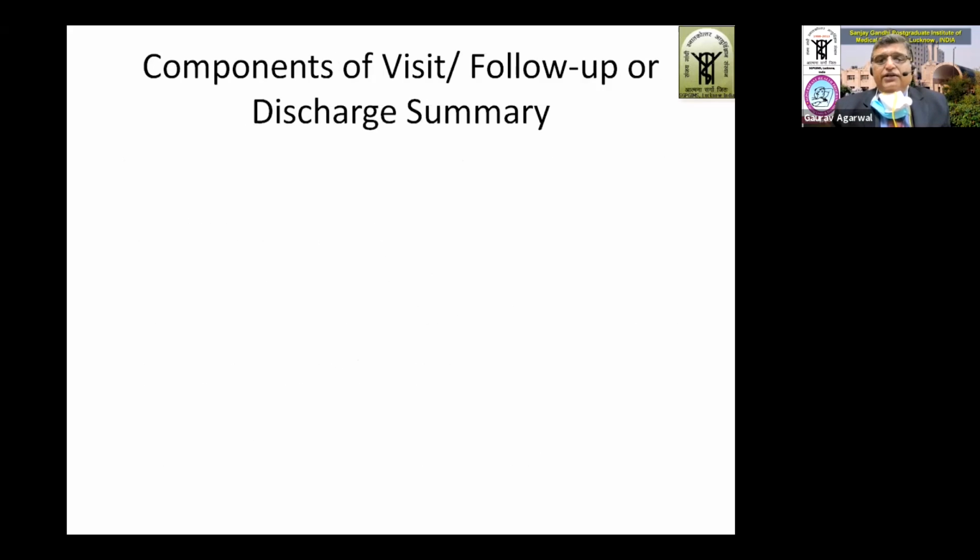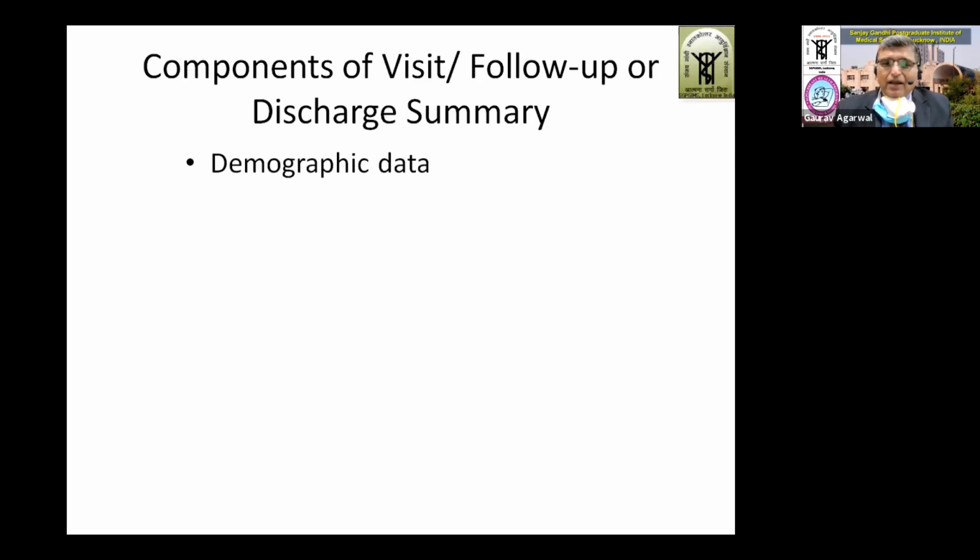What are the components of a visit or a follow-up or a discharge summary? It starts with the demographic data: the patient's name, the patient's husband's or father's name, the date of birth, the address, phone number, a case record number, for example, the CR number in SGPGI, but it may be called by various names in different hospital systems.